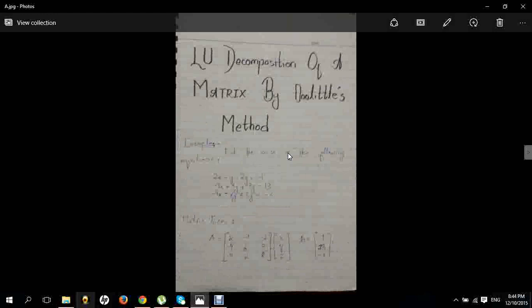Whenever you are doing this method, always remember that first you have to find the matrix form equation, then you have to find matrix L and matrix U. In order to find these matrices, you have to first evaluate the values of the unknowns, and always remember that whenever you are doing the Doolittle method, you have to put 1, 1, and 1 at the diagonals of the lower triangle matrix.